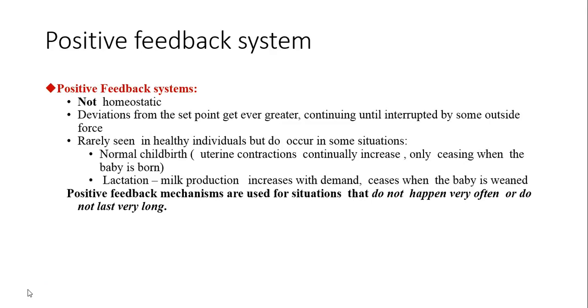That's the event that stops milk production. Positive feedback mechanisms are used for situations that do not happen very often or do not last very long. So they're temporary and don't occur very often. Positive feedback mechanisms are not good for maintaining homeostasis.